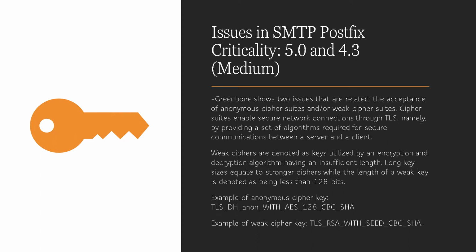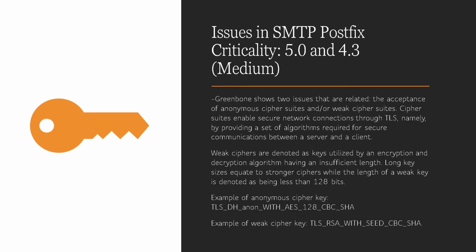Cipher suites enable secure network connections through TLS, namely by providing a set of algorithms required for secure communications between a client and a server. They provide authentication, generate keys, and pretty much anything that enables secure communications is going to be a part of that.